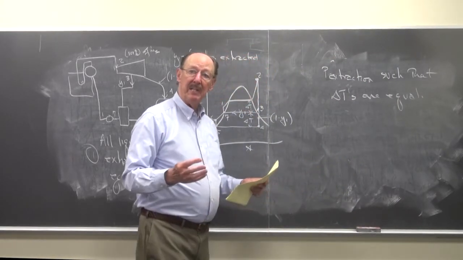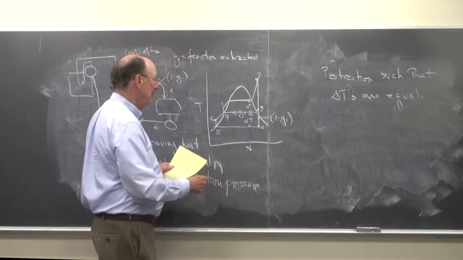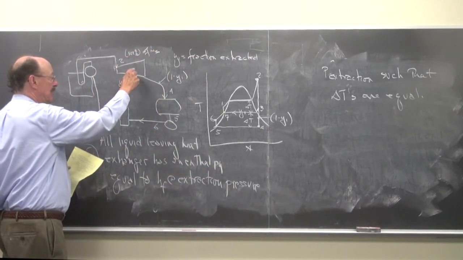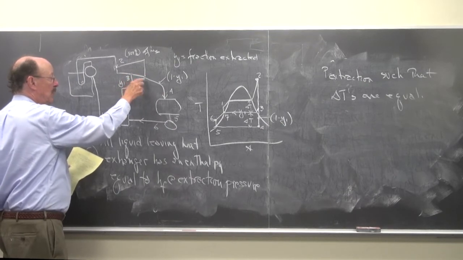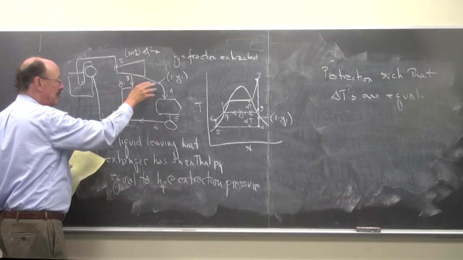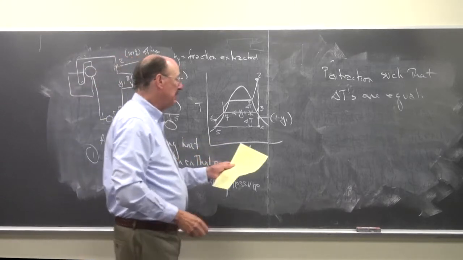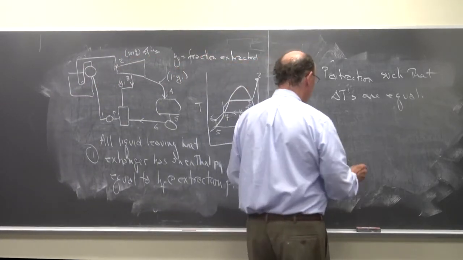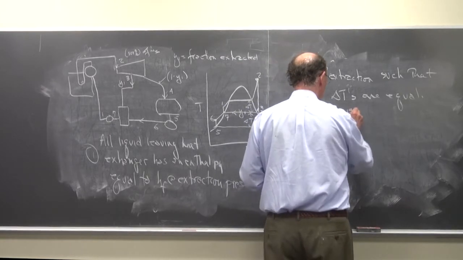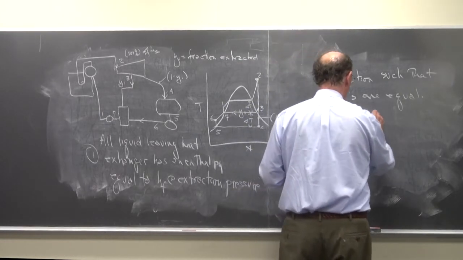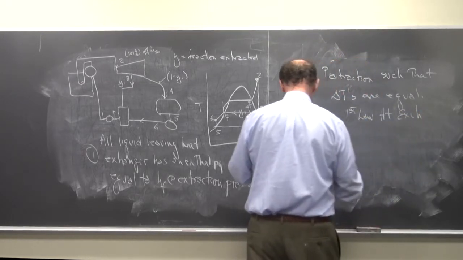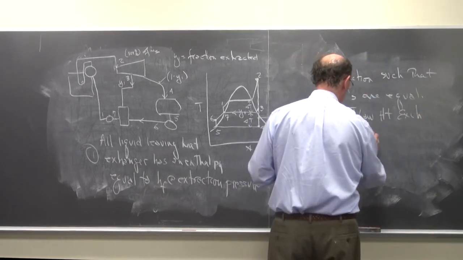And so now what we need to do is to find y1. If I have 100% going from 2 to 3 and 1 minus y1 going from 3 to 4, let's find out what y1 is. We can do a first law on the heat exchanger. E in equals E out.